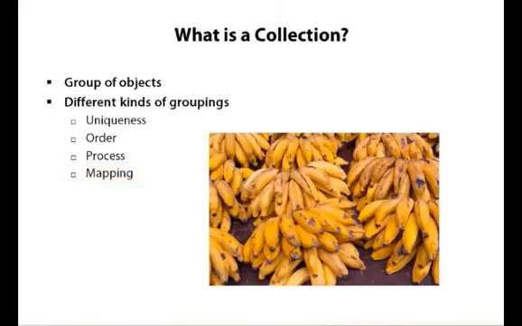These kinds of ideas really encompass all of what collections are in Java. So really, collections are just some way to group things together according to some attributes that are unique to that group.